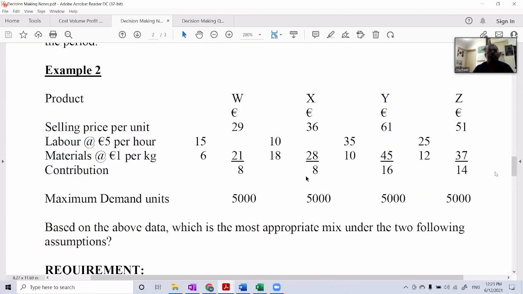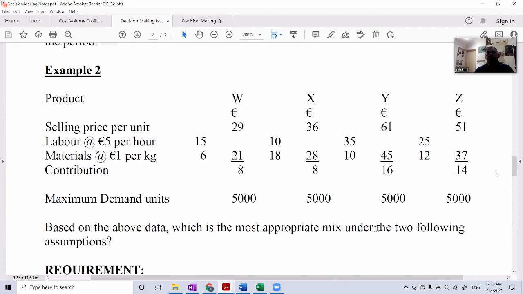Let's read the question. Example 2, it says, product WXYZ, you have selling price per unit given, labor is at €5 per hour, material is €1 per kg, and contribution is given as well. And interestingly, they've worked out the contribution per unit, correct?